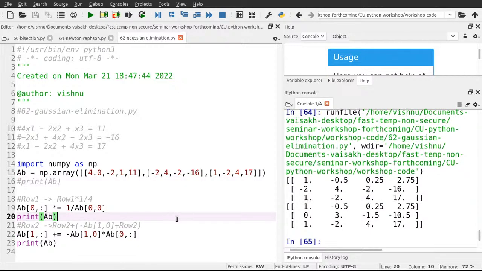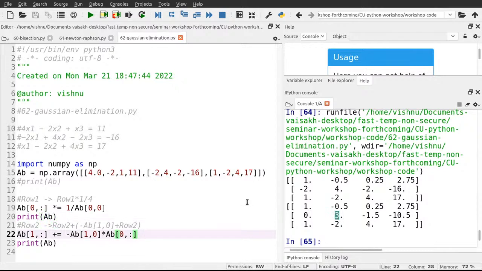So this is now multiplied with minus 2. Therefore, this is now multiplied with a minus of minus 2, which is 2. 2 into minus 0.5, which is minus 1. Minus 1 plus 4. So we are getting it to be equal to 3. So seems to be correct.